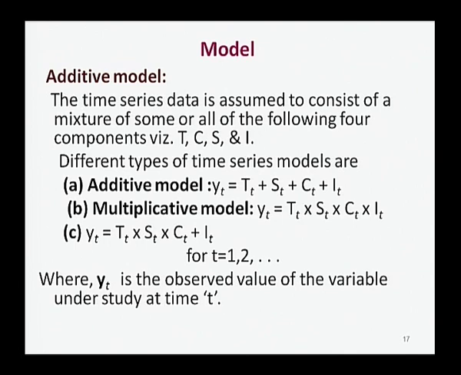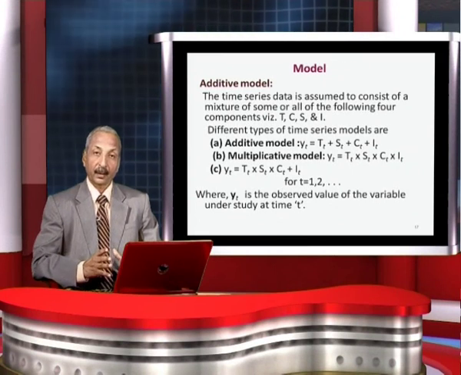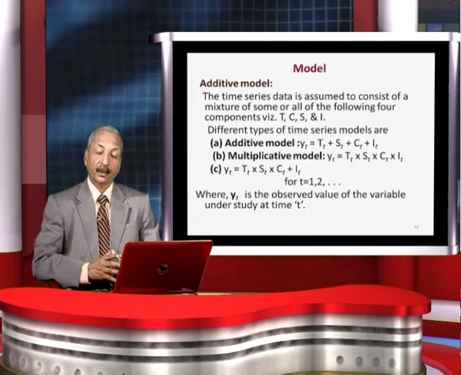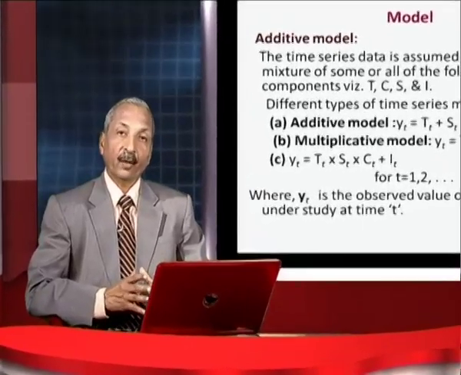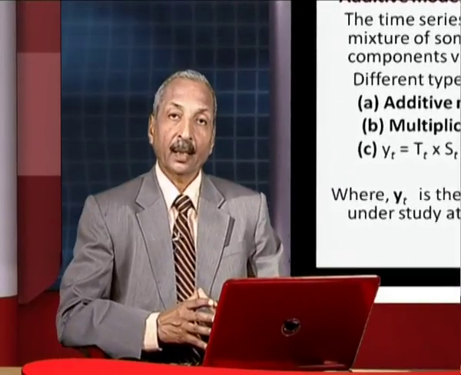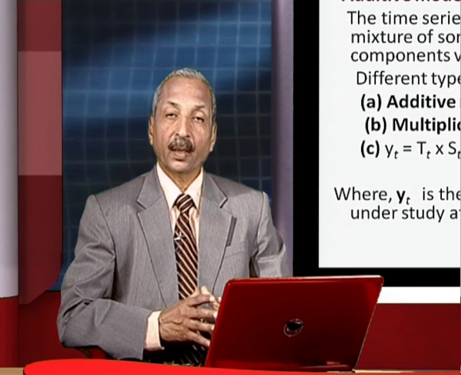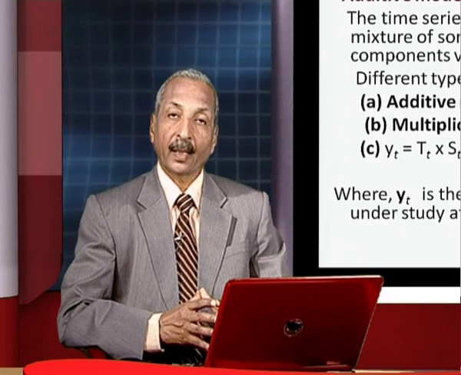So, our problem is to isolate these different variations, and using this model we study the information present in the data for the purpose of forecasting or taking some decision on the basis of this analysis.